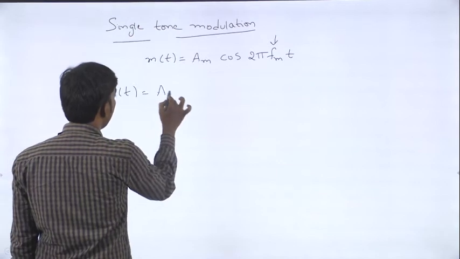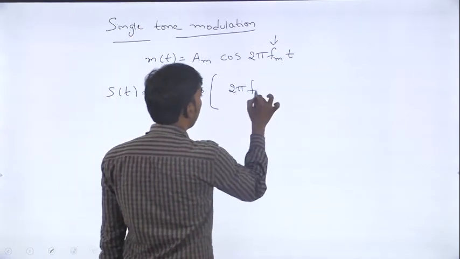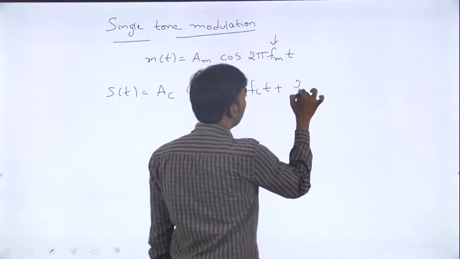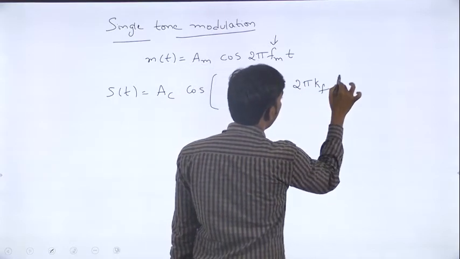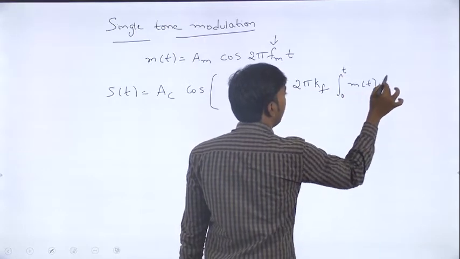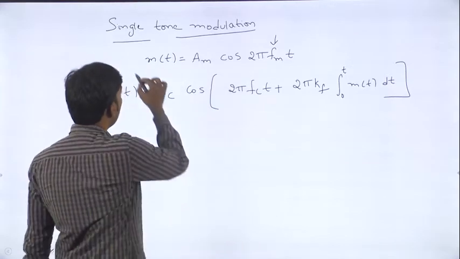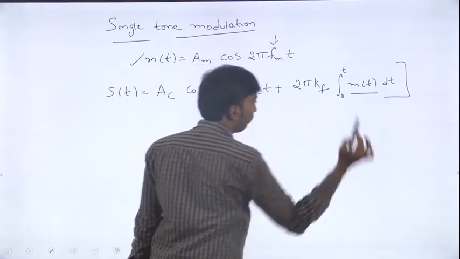S of t is equal to AC cos of 2 pi fct plus 2 pi kf into integral 0 to t m of t dt. Now I have to substitute this m of t here.